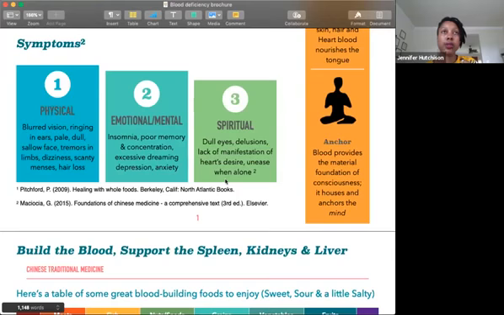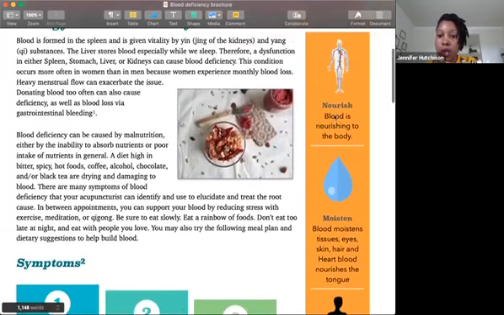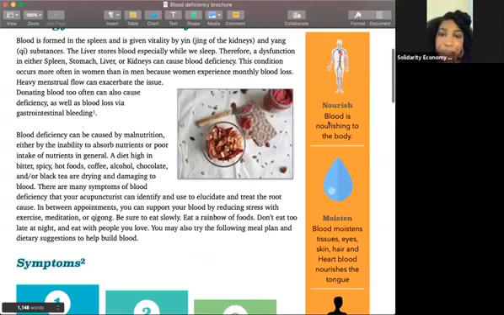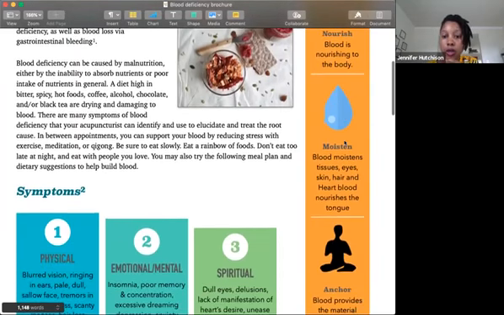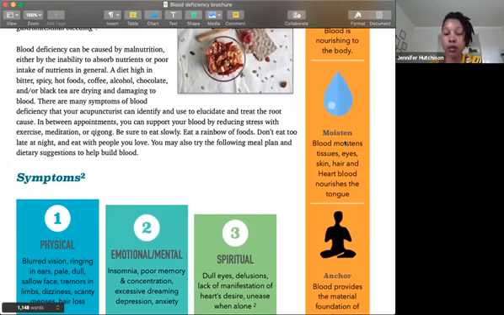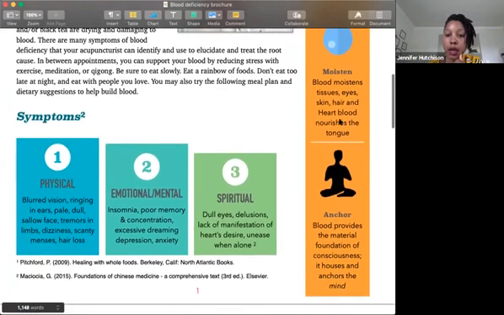So like the blood also, and I'll go back over here to this right side, the functions of blood: to nourish the body. Blood nourishes the body, which is also the same as in Western medicine, right? Blood moistens the tissues, the eyes, the skin, the hair, and nourishes the tongue.